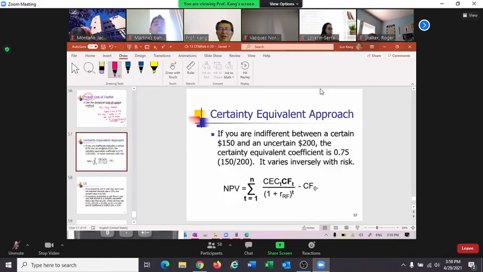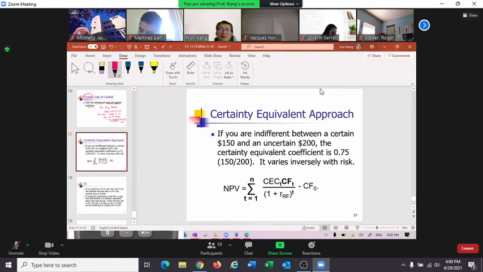And finally, another approach is the certainty equivalent approach. People don't like uncertain things, right? People like certain things.